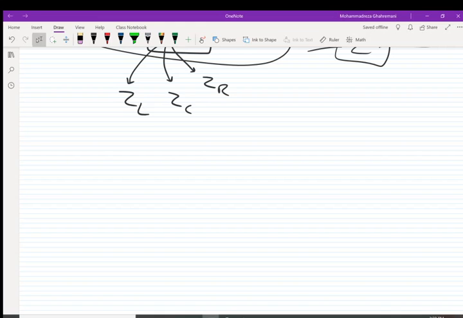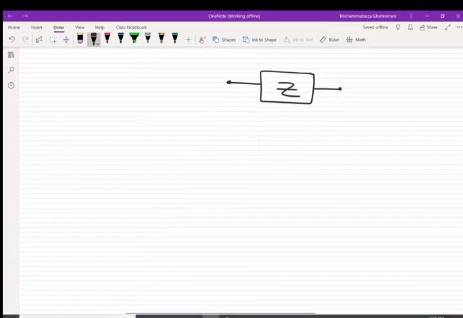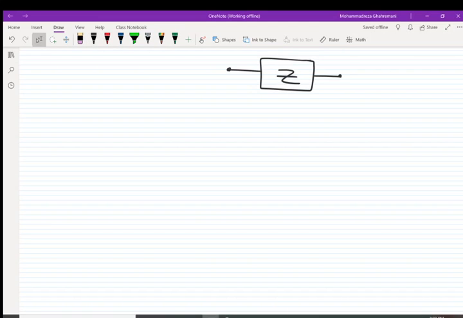But what if we just represent the element with Z, regardless of its type? If it's any of those elements, we just represent it with Z. How can we find the equivalent impedance?